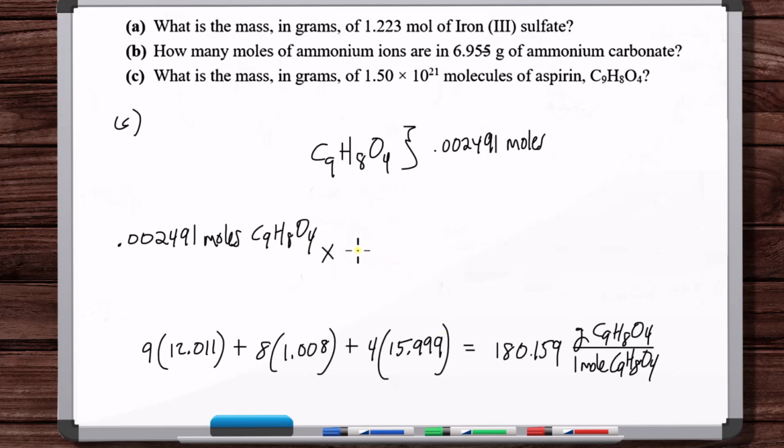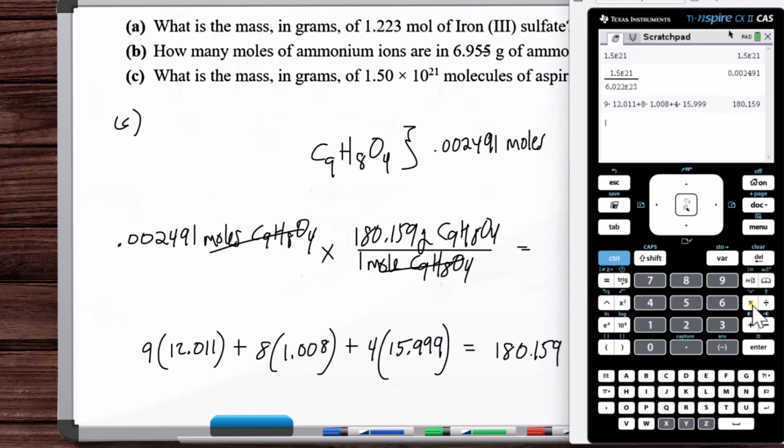So for every 1 mole of aspirin, you've got 180.159 grams of aspirin. So this times 0.449.